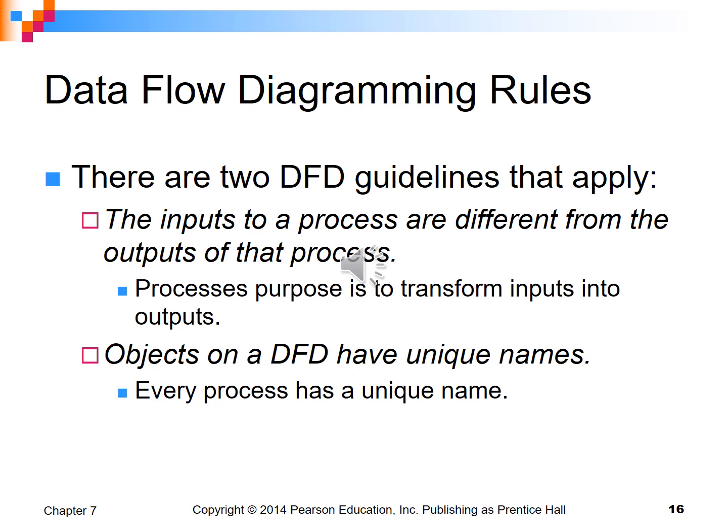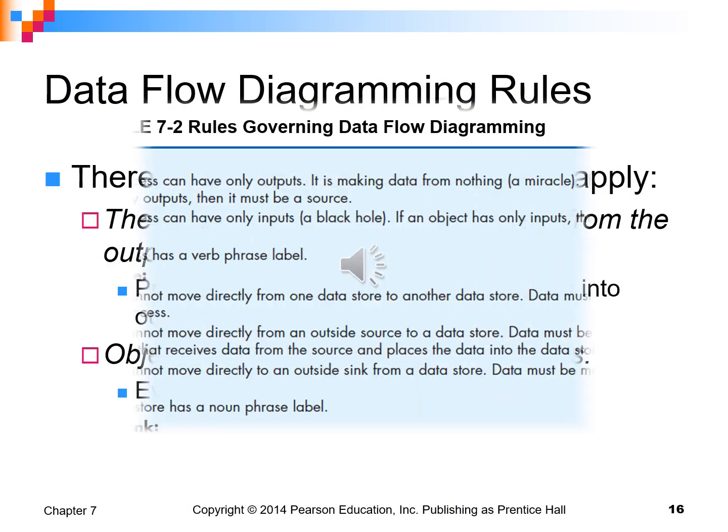We cannot have 2 directions. You have to have 2 data flows: one goes in this direction and the other goes the other direction. Objects in a DFD have unique names. Every process has to have a unique name in order to differentiate it from others.